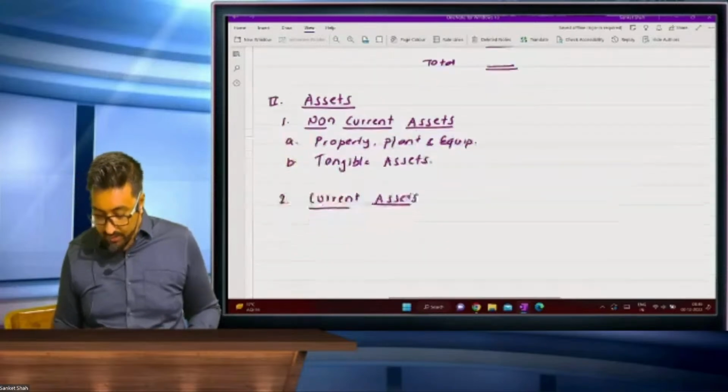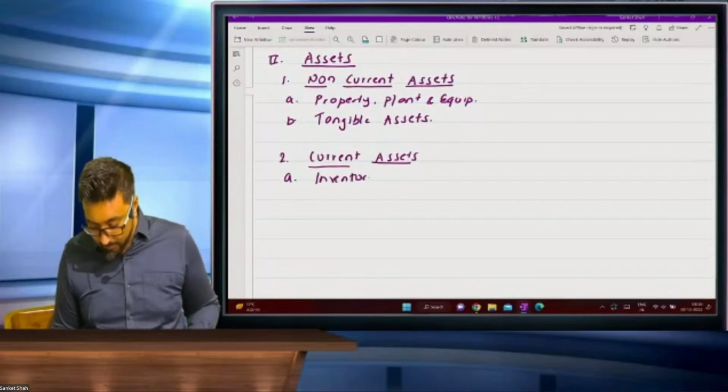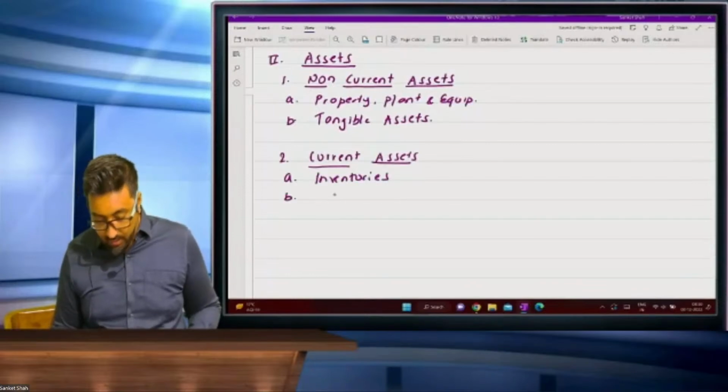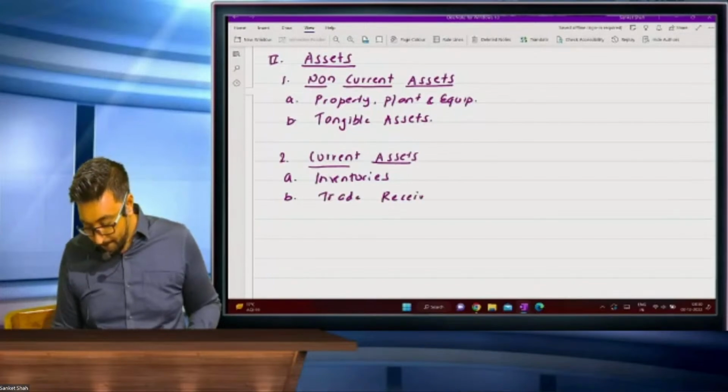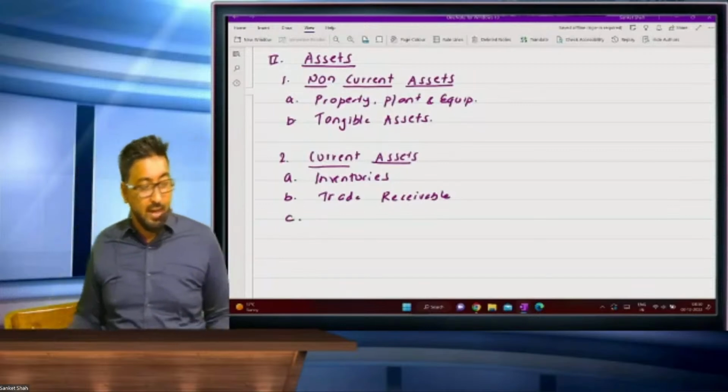Under current assets, A. Inventories. B. Trade receivable. C. Cash and bank balance.